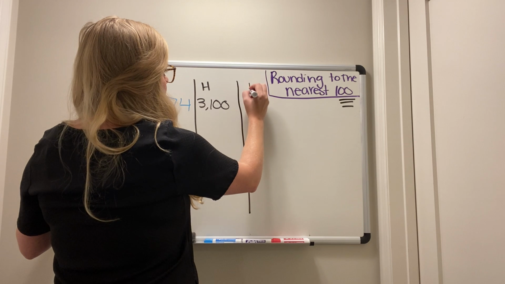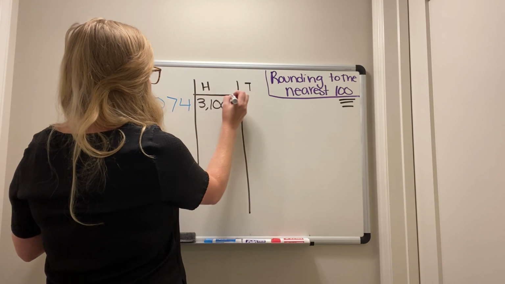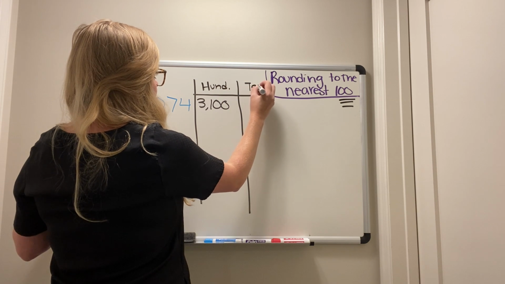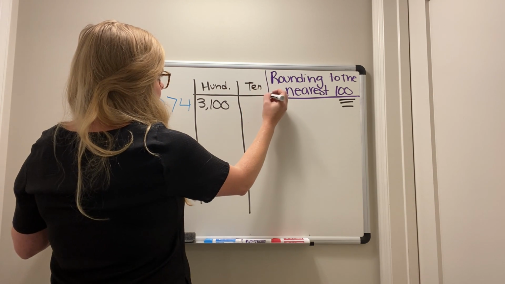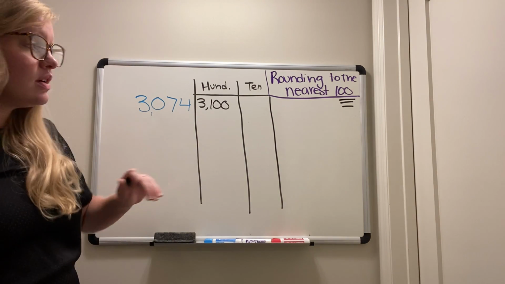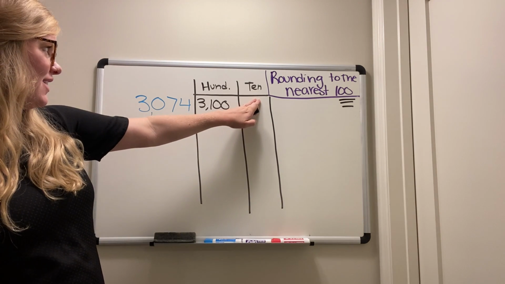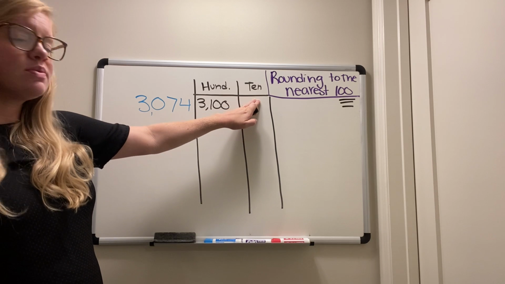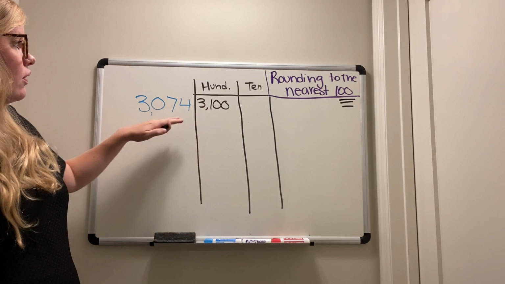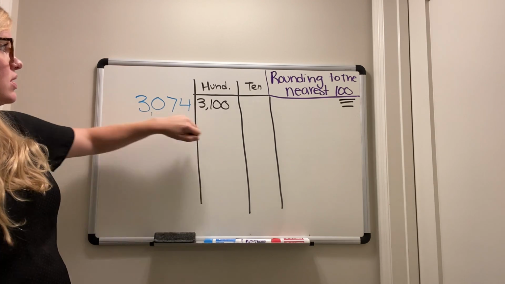Now, let's go back a few days ago. 100 means 100, 10 means 10. Let's go back a few days ago in math when we were rounding to the nearest 10. Now this is where it gets a little tricky. So we already rounded to the nearest 100. What if we were to round this same number to the nearest 10?